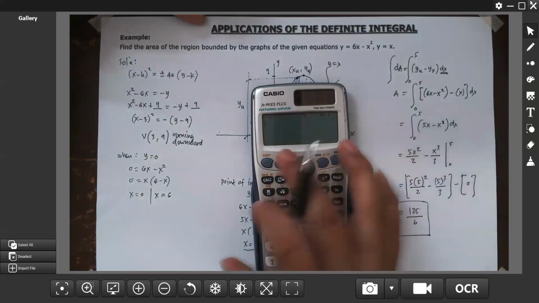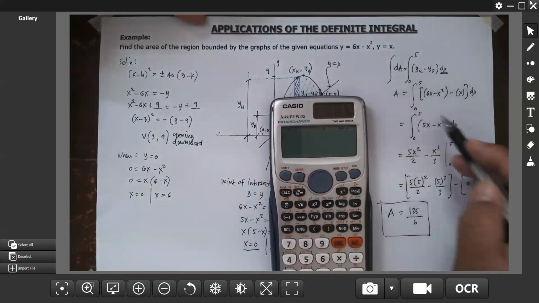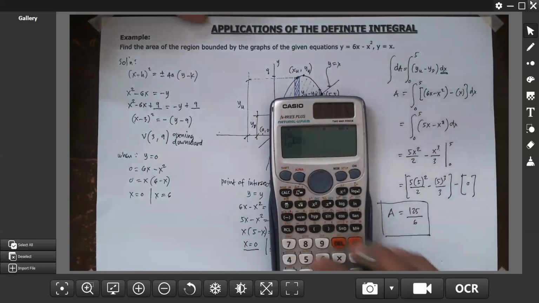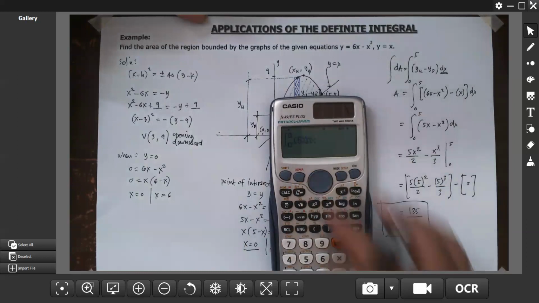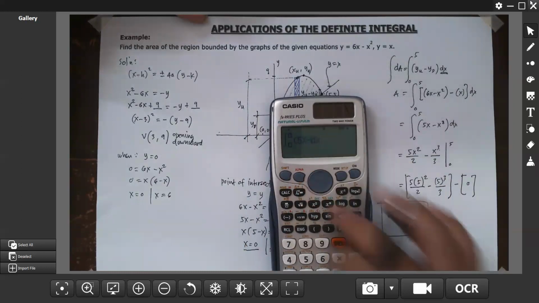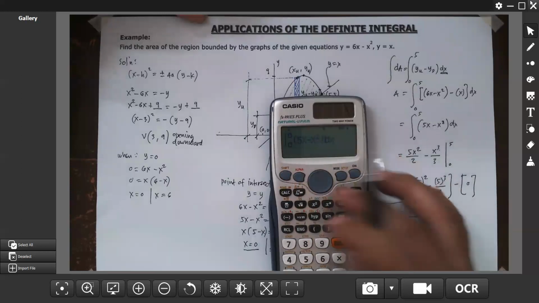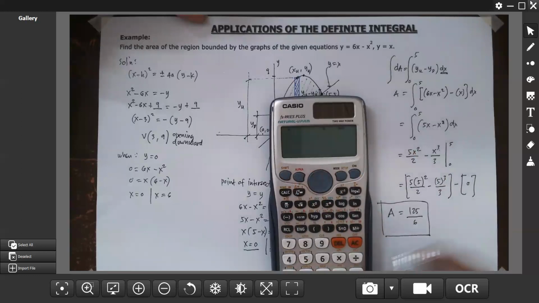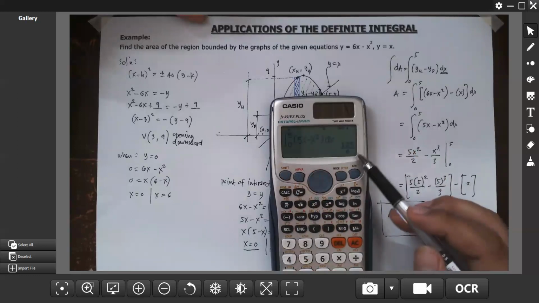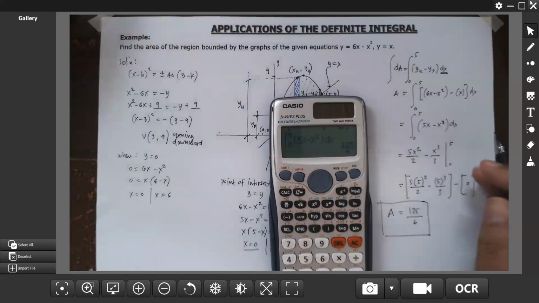So to check with our calculator, we can directly input this one or this one. Integral of 5x minus x squared. Okay. From 0 to 5. And we get 125 over 6. Okay.